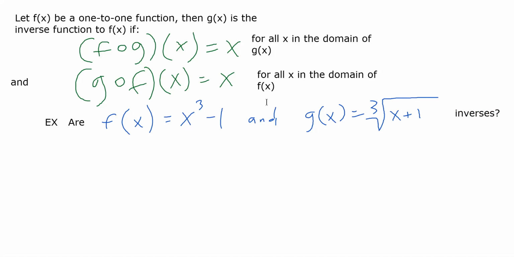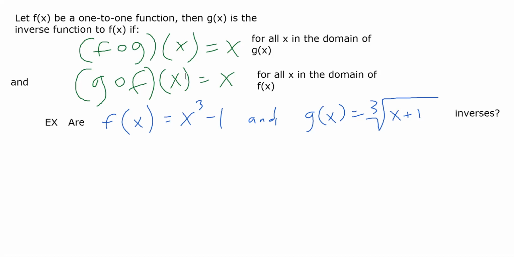Well, they're only going to be inverses of each other if I can plug the g of x function into the f of x function and just get x, and if I can plug the f of x function into the g of x function and just get x.